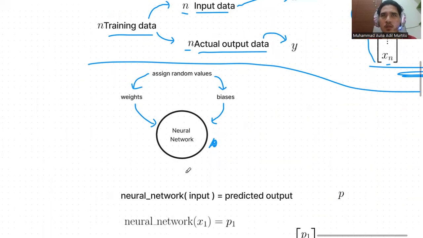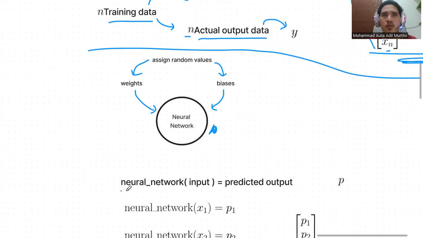To make it easier, I abstract it as a function named neural network, in Python syntax, like so. It receives an input, and it will produce a predicted output.